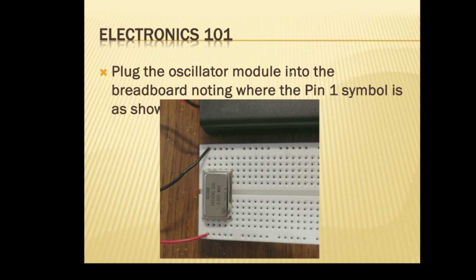Okay, you're good there. So then I gotta run a jumper from the power rail to pin 14, which is going to be right here. But how are we counting through these? I thought I had that label where it made more sense, but I guess I didn't.